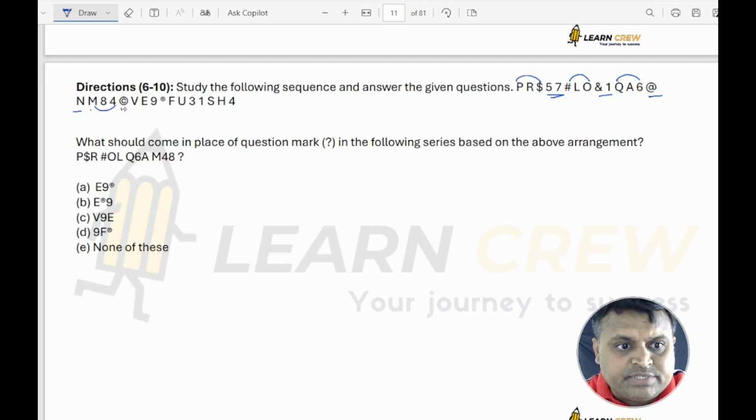So we have to leave this one. So after that, E, this symbol and N. So you will get option B. Option B is correct. E, this symbol, and 9 will come. So the answer is option B.